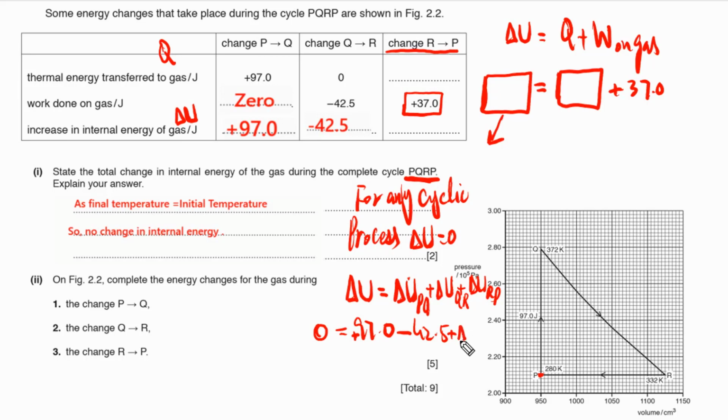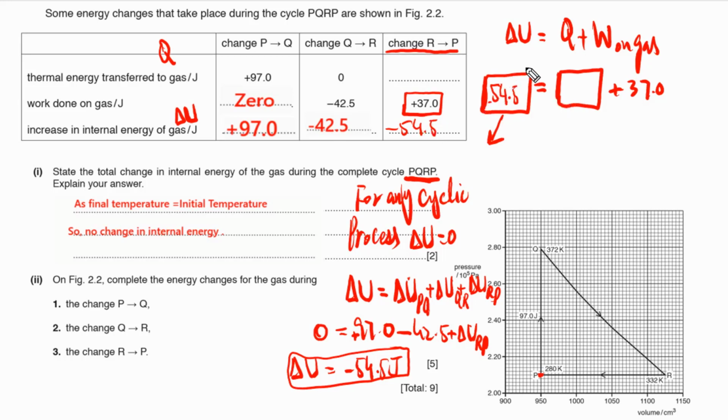So we can write down delta U from R to P. If we just solve this one, delta U from R to P will be equal to minus 54.5 joules. So this is negative, so we can simply write down delta U in this case is negative 54.5.